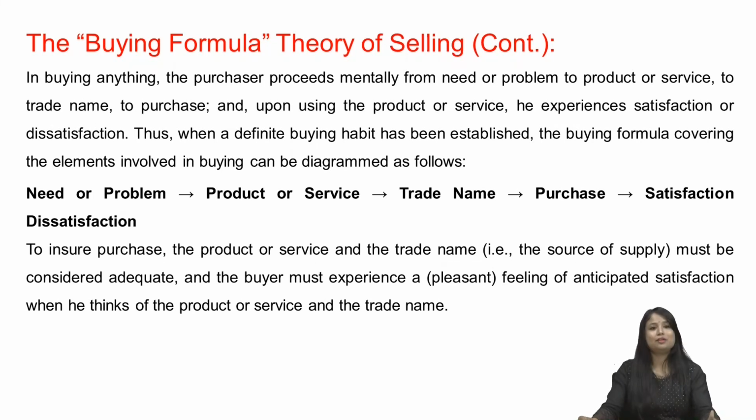Say for example, if a person is very loyal to Lakme, that person will buy Lakme only, and will never go to Maybelline, right? But how you can motivate that customer to come from Lakme to Maybelline, that is what the selling theories give you. The selling theories motivate you to sell your product, whether it has a brand name or not.